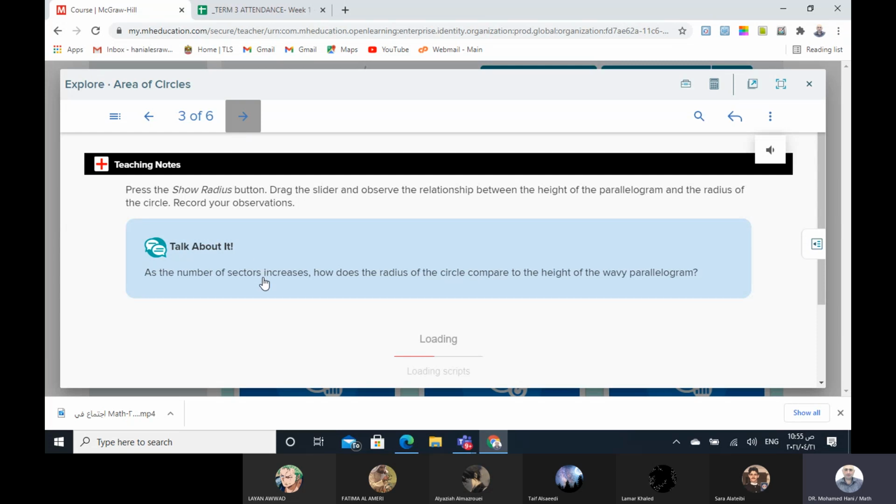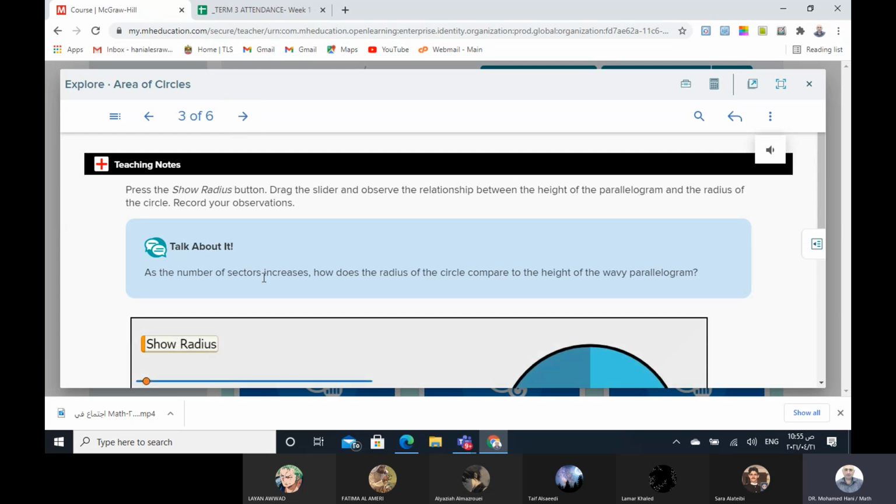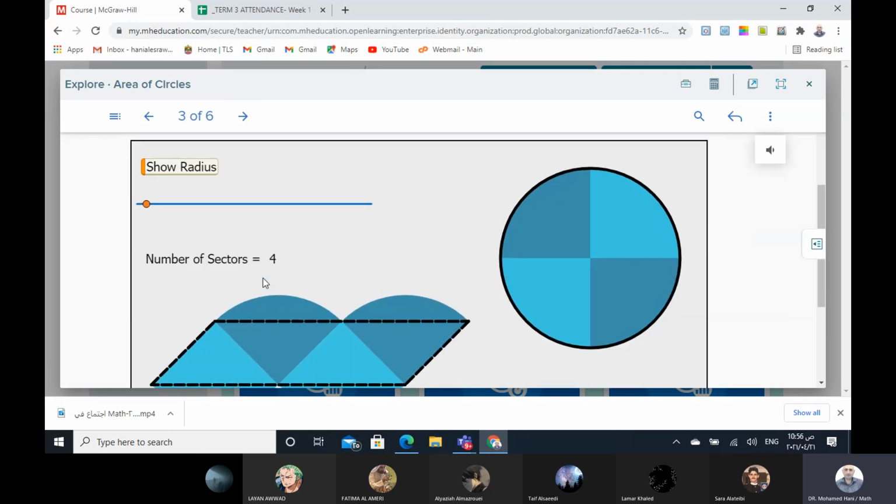Press the show reduce button, drag the slider, and observe the relation between the height of the parallelogram and the radius of the circle. Record your observation. Now here we have the circle. We have 4 sectors, 1, 2, 3, 4.